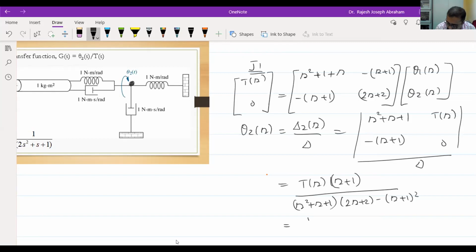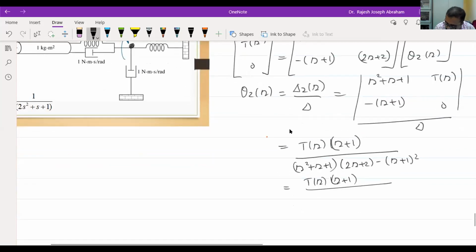Okay, if you simplify, what will you get? T of s into s plus 1 divided by what? When you expand, you will get 2s cube plus 2s square plus 2s square plus 2s plus 2s plus 2, correct? Minus s plus 1 whole square, s square plus 2s plus 1.